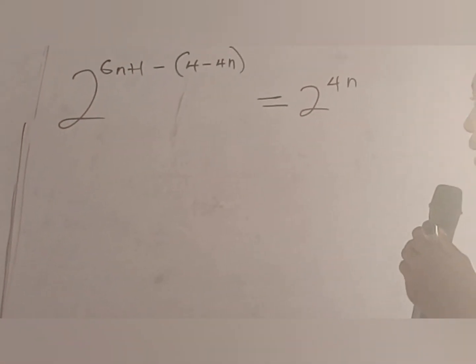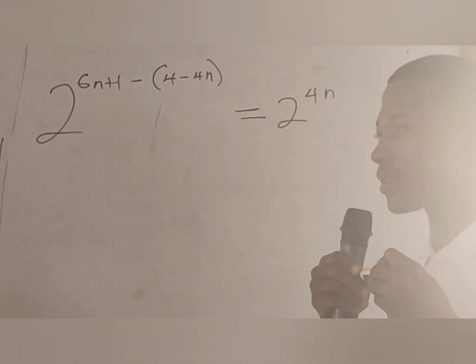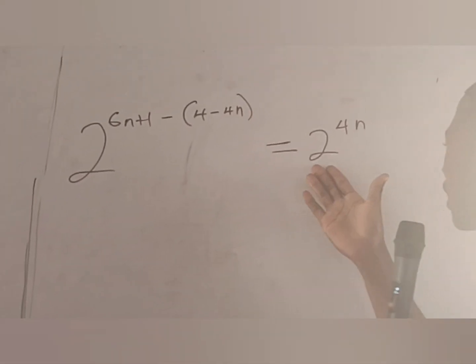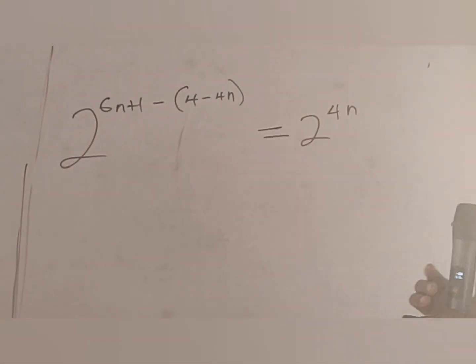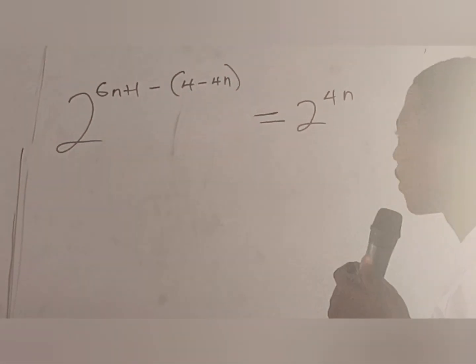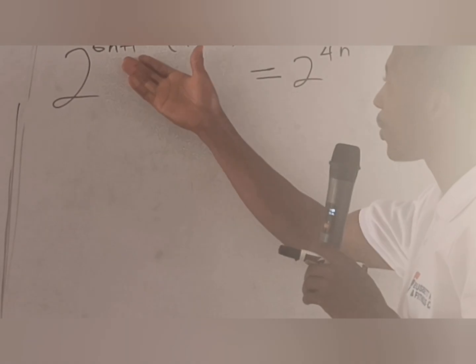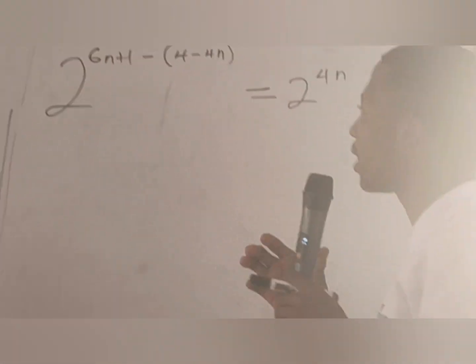So from here, we have a property that states that whenever the bases are the same, we equate the powers. Or even better still, we can simplify the power here at the left hand side.